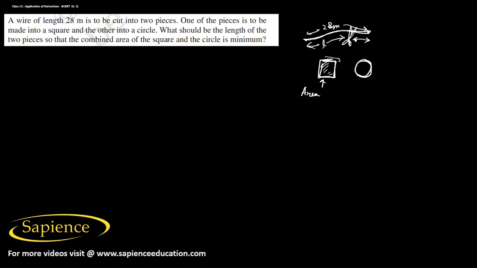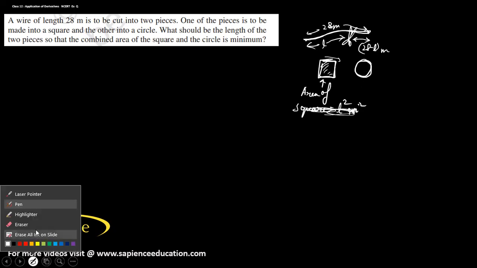Then the length that is used to make the circle will be 28 minus L meters.